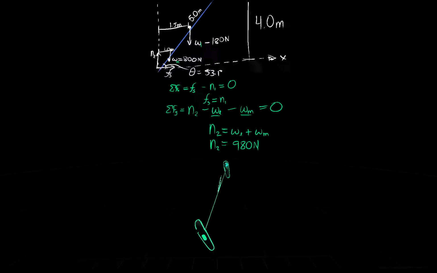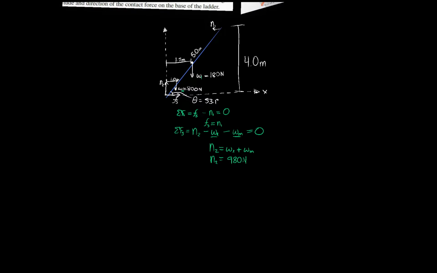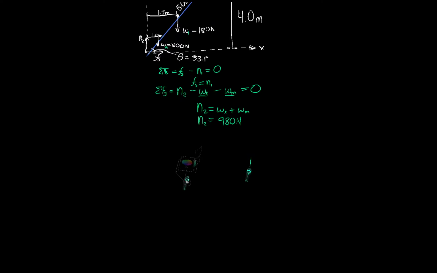Okay. So now, do we have enough just based on these two? Sometimes you do, but on this one we don't have enough. We have to sum the torques, because what we're interested in finding is N1, N2, and F sub s.